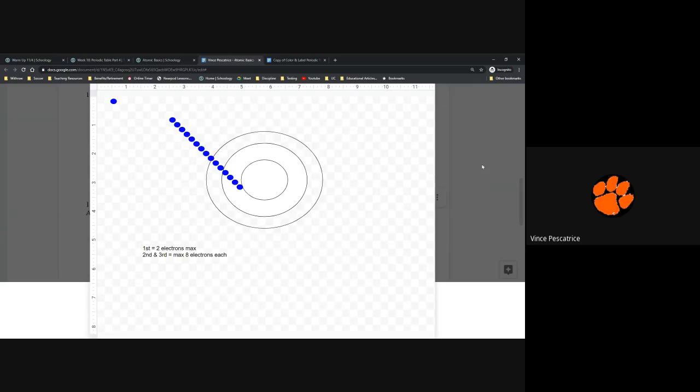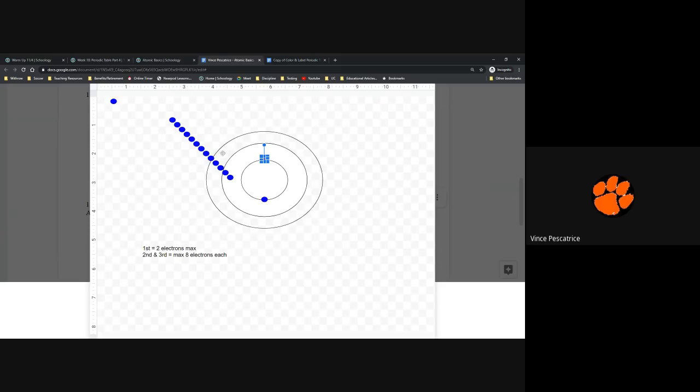What I'm going to do is place them. So first 2 go on the inside here. 1, 2. All right, once you fill up a shell, you move out 1.